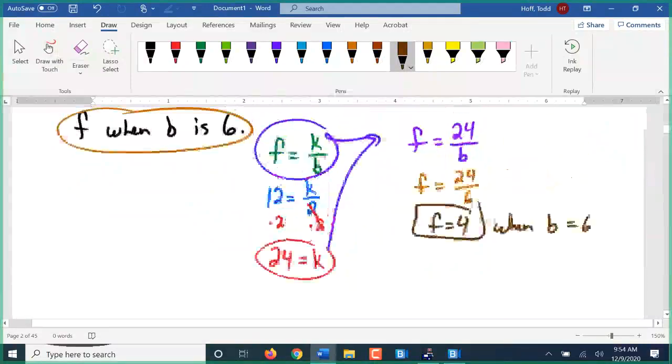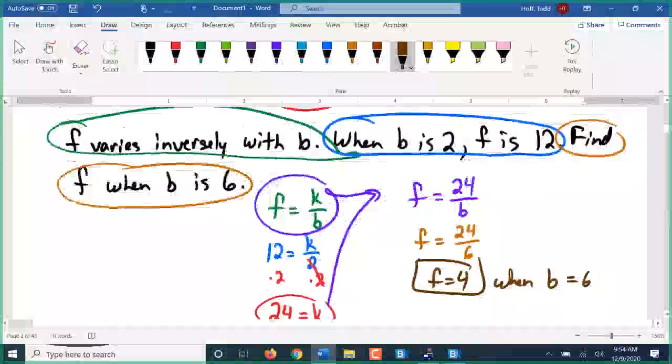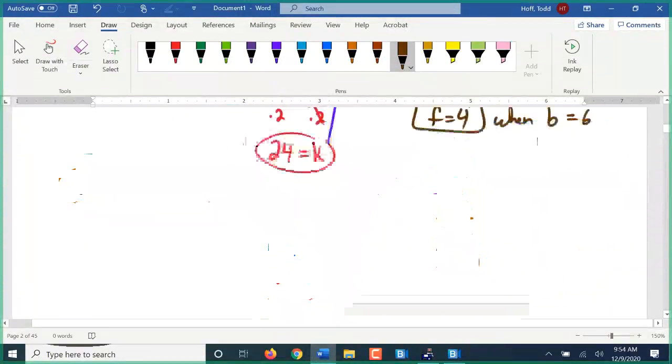Now again, this might not be as steady or simple as this all the time.